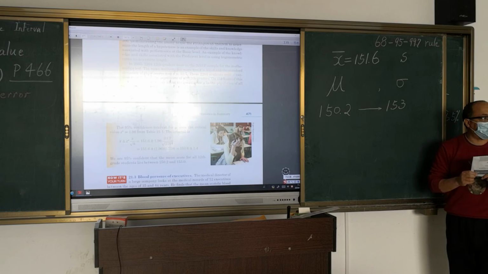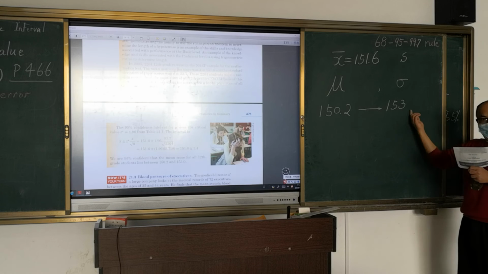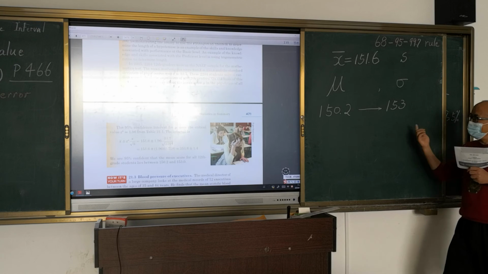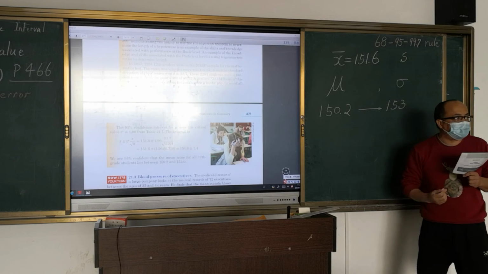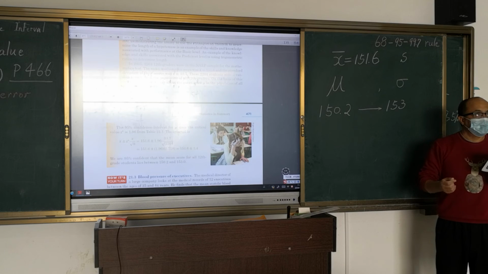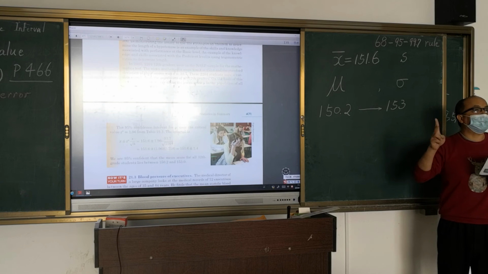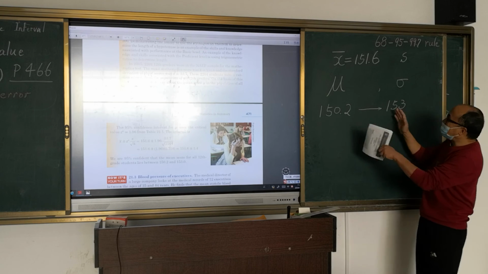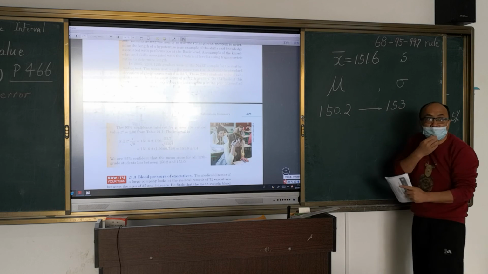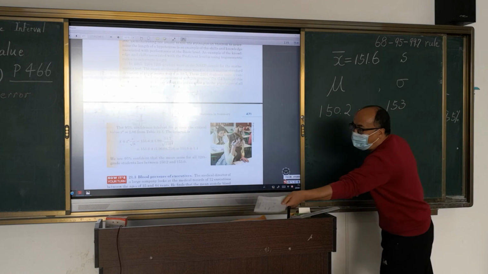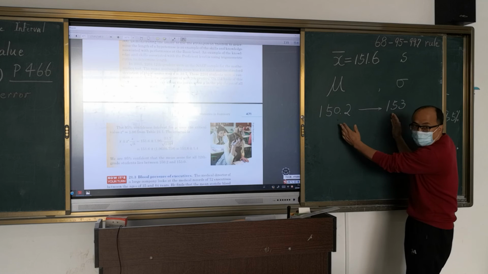If your number is above this range or is lower than this range, there are two possibilities. Listen. One is you are sick. Another possibility is you are still healthy. Because this is 95% healthy people range.